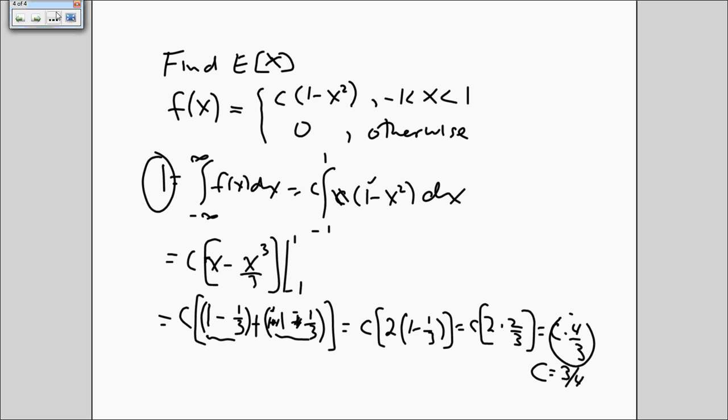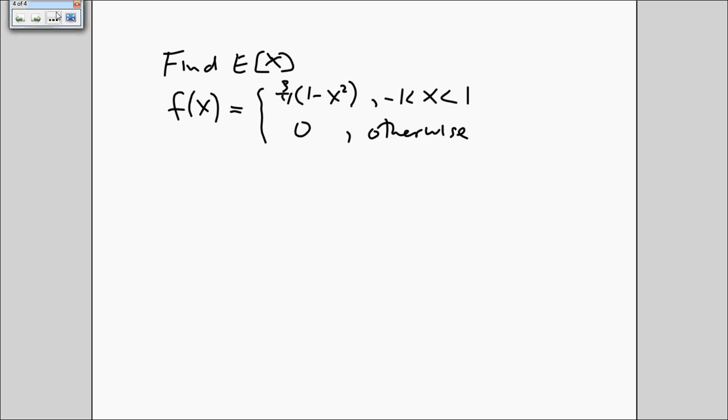Okay, so I come back to my f of x, which is on the second line, and I replace c with 3/4. And now I can find E of x. That was the question. Please find E of x. Look at the very top line.